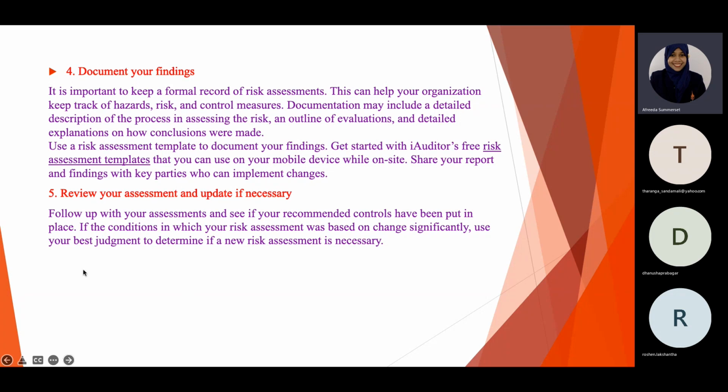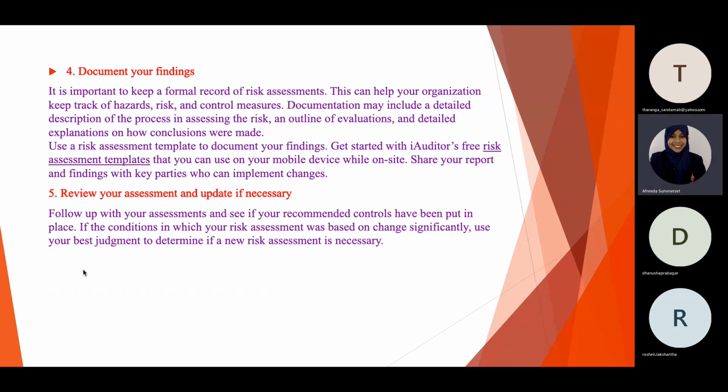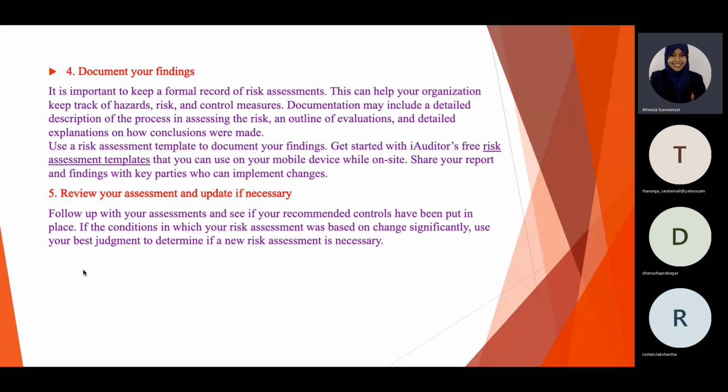What do you mean by you review your assessment and then you update if necessary? What does that mean, students? We have to get back and update. Yes, okay. Why do you think that's important, students?